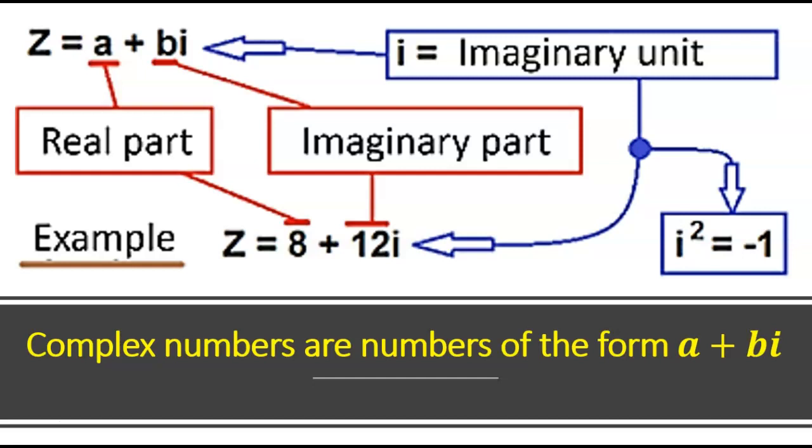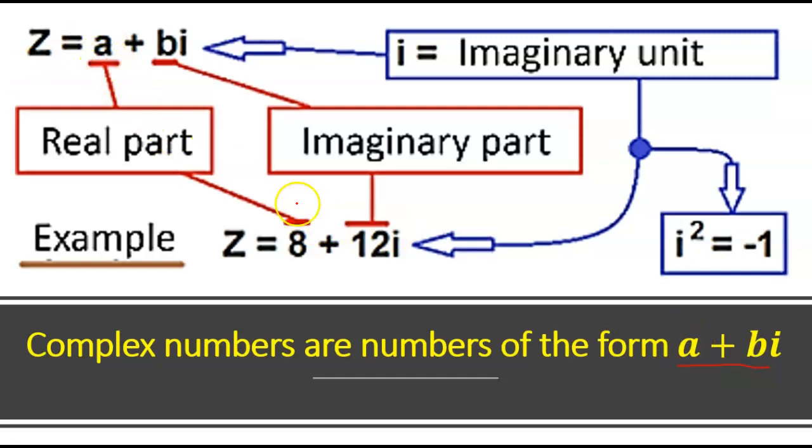Now, complex numbers are numbers written in this form: a plus bi. a and b represent numbers. It can be any real number. The part that is just a number is the real part.